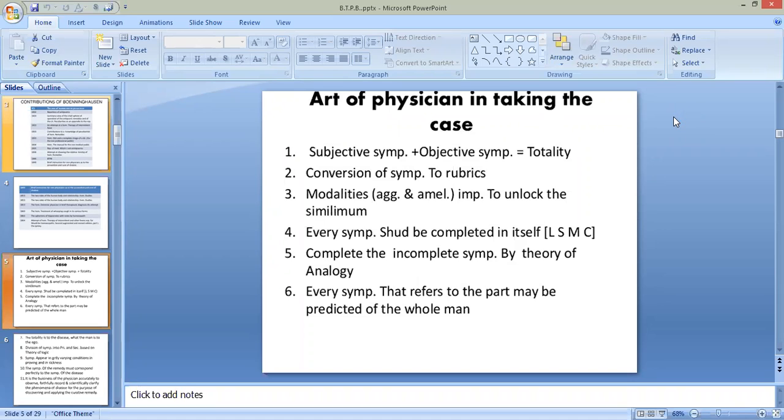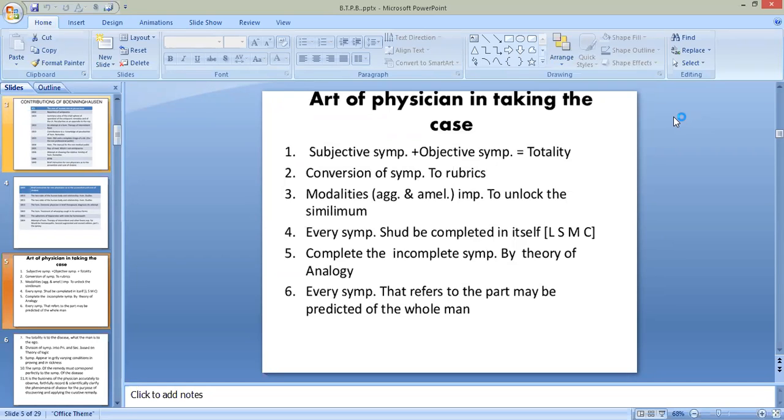According to Dr. Kent, it was general symptoms, that is symptoms of mind, physical generals, and after considering these general symptoms, we have to go towards the particulars.